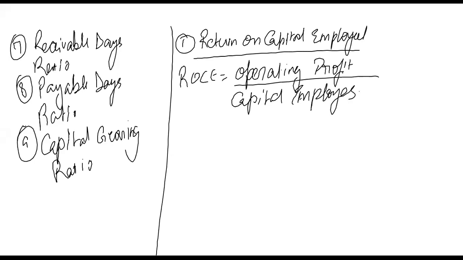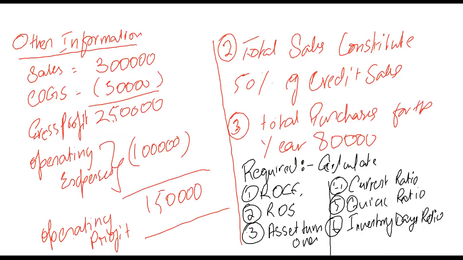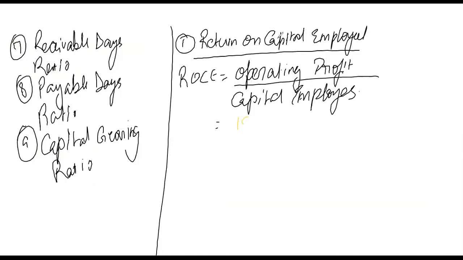And you are well aware that we have been given operating profit as 1,50,000, divided by capital employed.